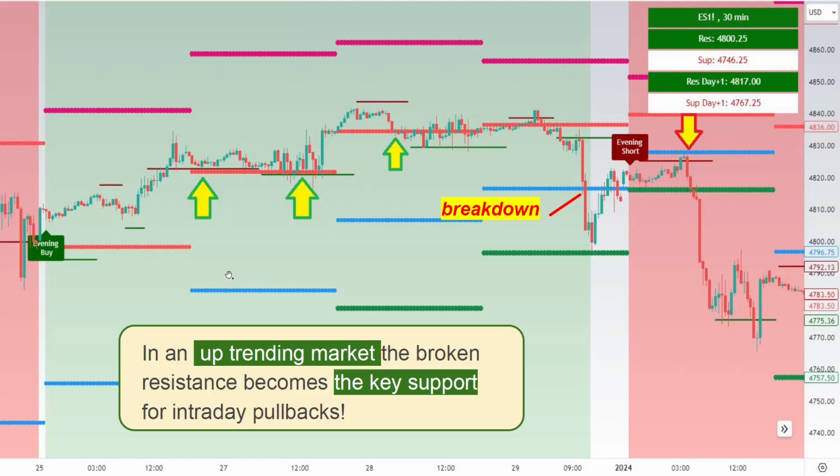And when you get price getting out of the range, the red one is daily resistance, the blue one is daily support, price gets over the resistance and turns the resistance into support. You see, the evening buy signal is fired here because after the close at 4 p.m. price gets over the resistance of the following day.